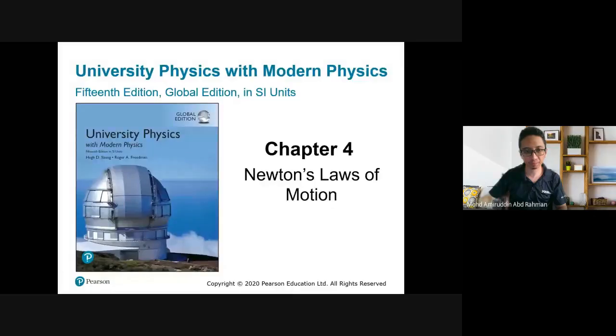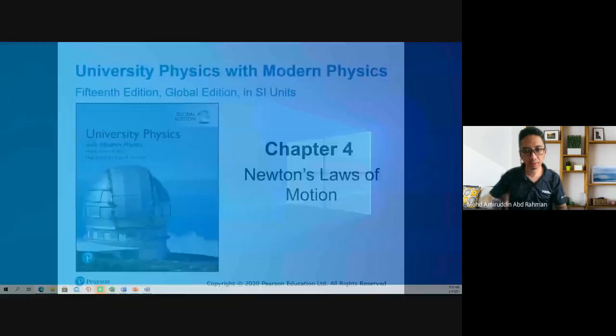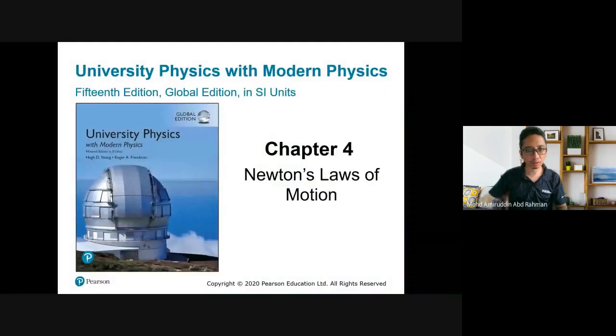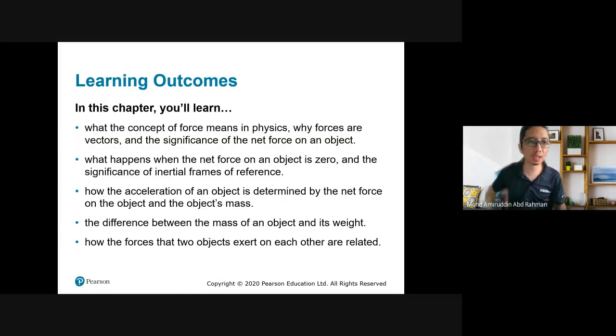All right. Okay, so let's continue with chapter 4. So now we have Newton's law of motion. Newton's law basically describes the motion. What you will learn here is the concept of force.